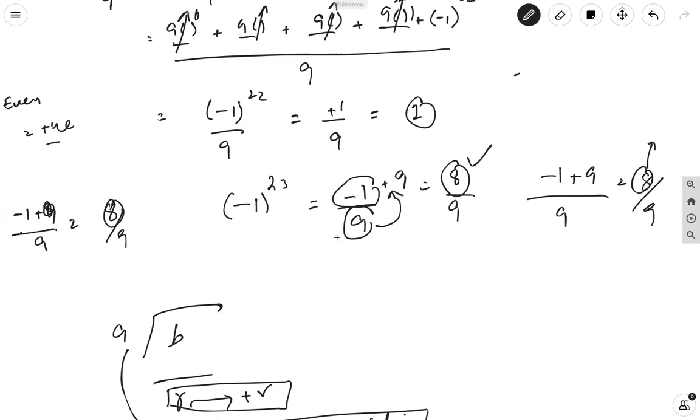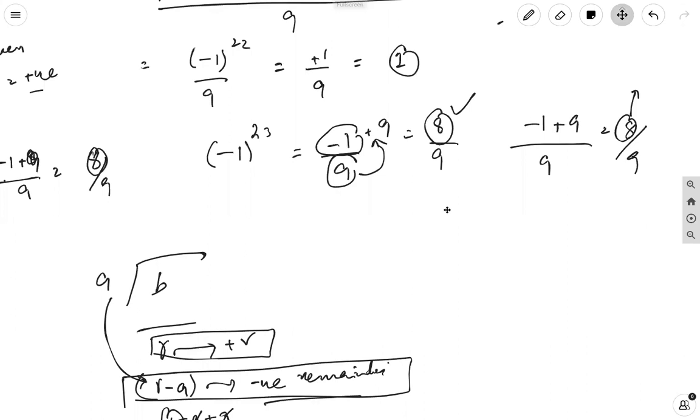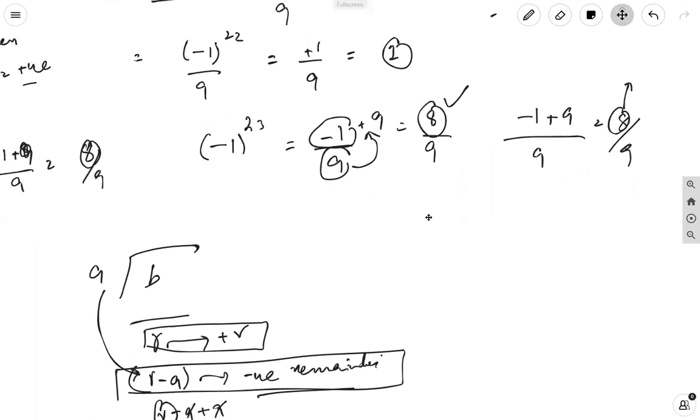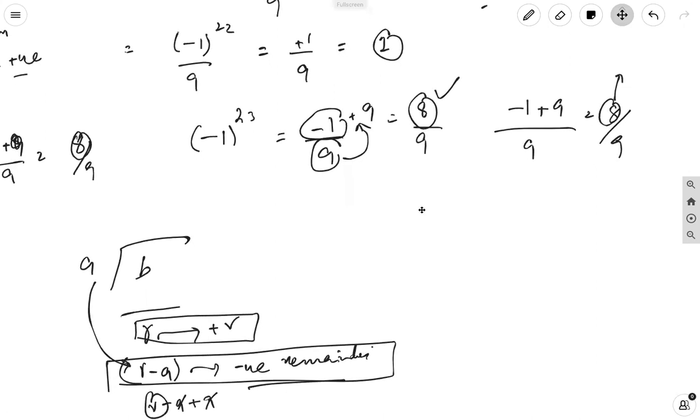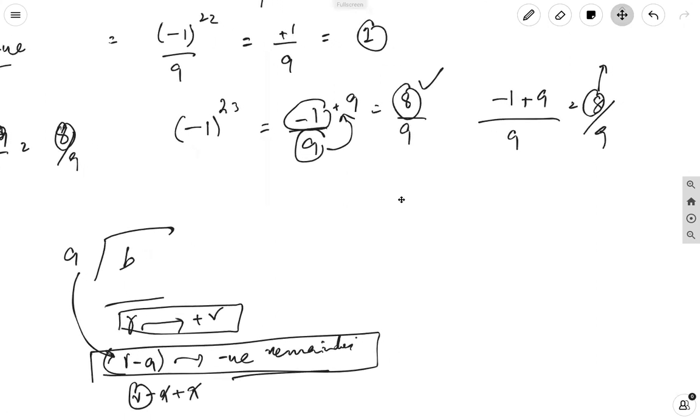No, I have a doubt. When you divide a negative number, there also do you keep the remainder positive, or can it be negative? Repeat your point. So suppose we are trying to divide minus 64 by 9. Here you will not try to keep the remainder negative; just keep adding 9 to this until you get a value less than 9.